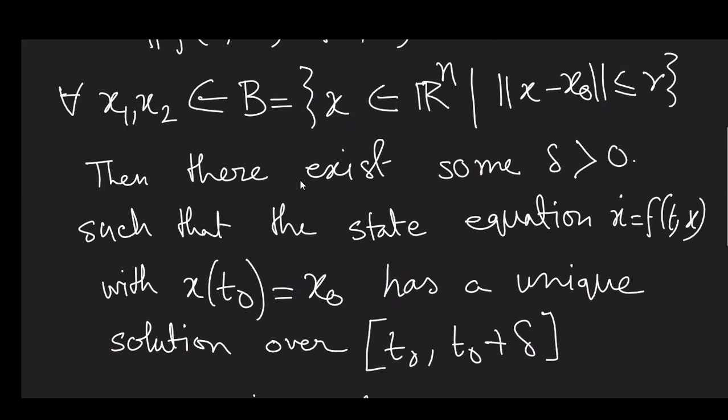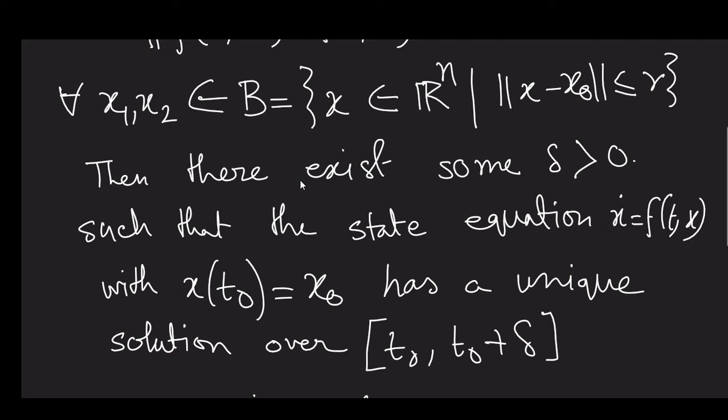Then for some delta greater than 0, we have a closed interval over time, t0 to t0 plus delta, in which we will get an exact solution. Now, an obvious question may hit you: what is the point here?